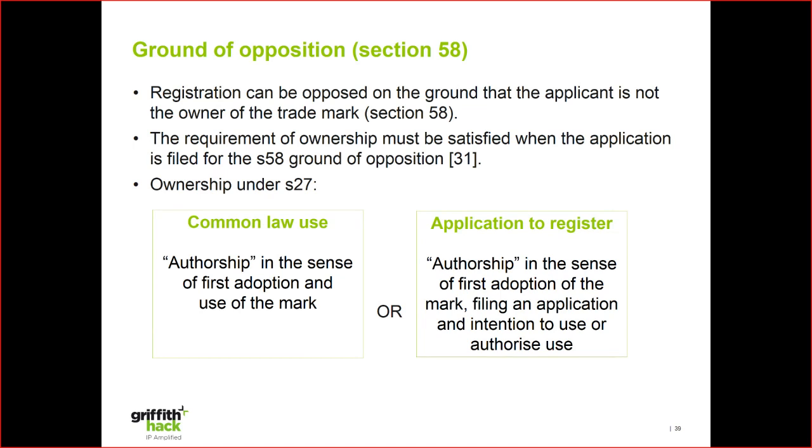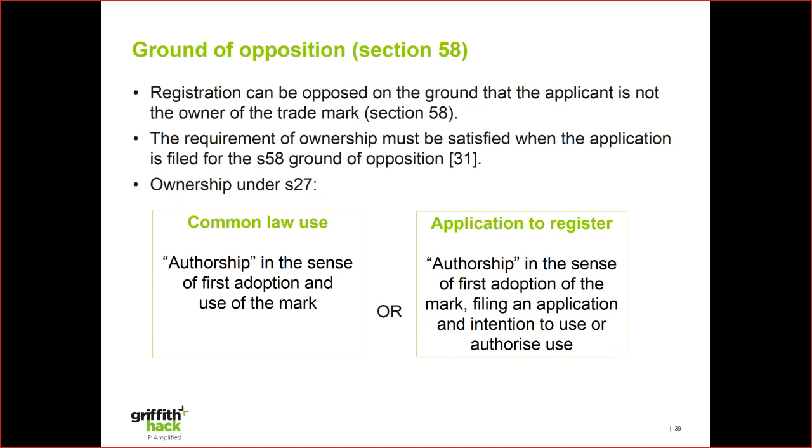So when we look about who is the right person to have it in the name of, there's two bases to be an owner of the mark. We can have common law use, so if we can call it old school use, you created the mark and you're using it, then you've got authorship in the sense of first adoption and use of the mark. The second type is where you have an application to register, and you have authorship in the sense that you have adopted the mark first, and then you file an application with an intention to use it, but you might not have use yet.